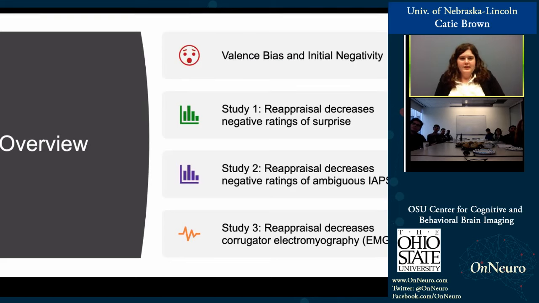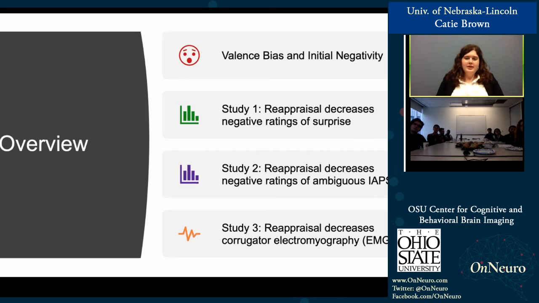So to summarize, study 1 and 2 provide evidence that those who are able to interpret ambiguity as positive are thinking about the image differently. They're reappraising that which is typically negative by default. And our emotion regulation task, the maintain versus reappraise, perhaps is teaching them this skill, and then that skill is transferring over to the session 2 ratings of ambiguity.